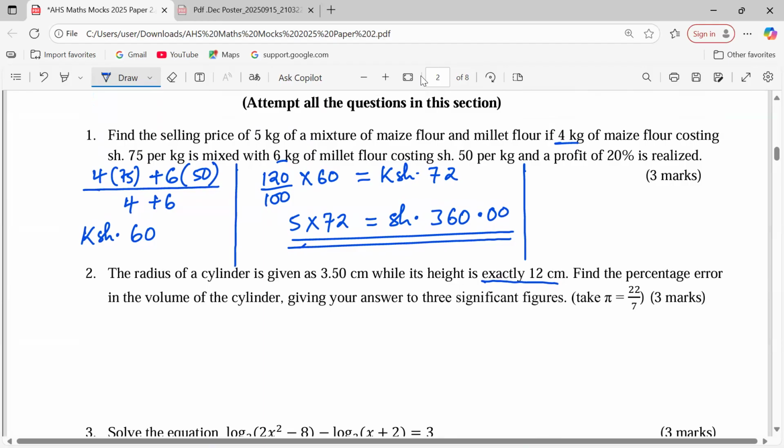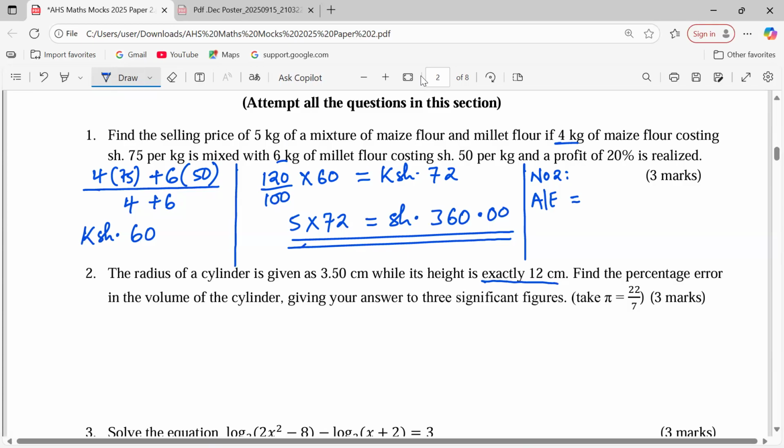So in number 2, when we start solving, I will talk about the range within which the radius lies. So we first establish the absolute error in the recording of this radius. And before we establish the absolute error, we are supposed to establish the accuracy, because absolute error in the recording of a dimension is usually given by accuracy divided by 2.